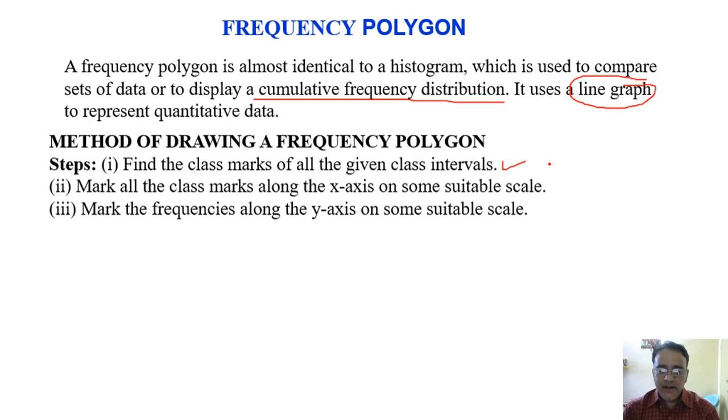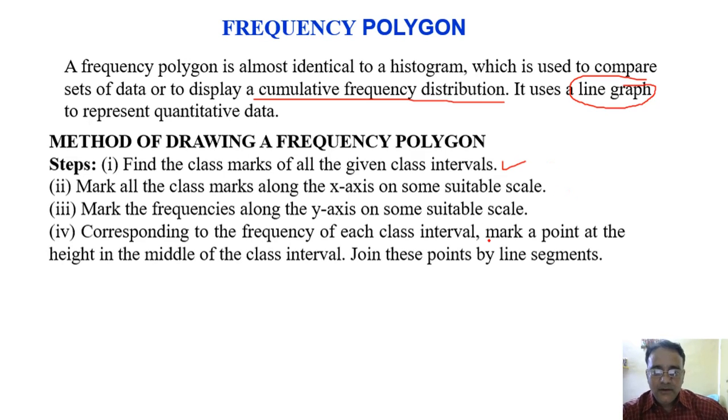After that, corresponding to the frequencies of each class interval, we have to mark points. Okay, with respect to each class mark, we have to mark the frequency, right? And after that, we have to join all these points. But if we join only the class marks, the polygon will not be formed. So what do we have to do? One class goes to the back side and one class to the front side.